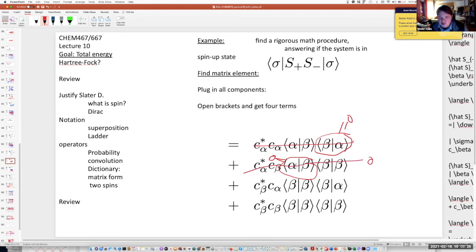It's also 0. Alpha times beta is 0. It's also 0. But here you have beta times beta equals 1. Beta times beta equals 1. Therefore, the answer for the whole thing will be C beta, C beta, which means the probability that the spin is in the state beta.